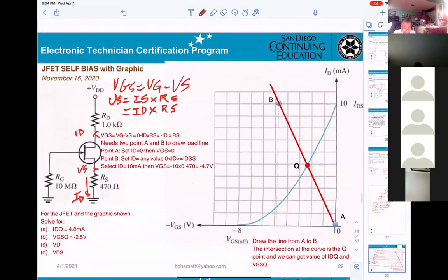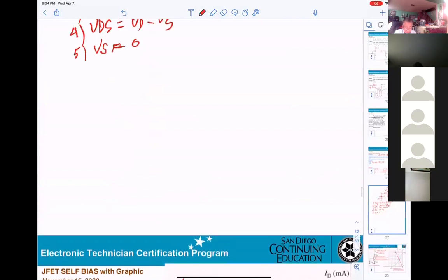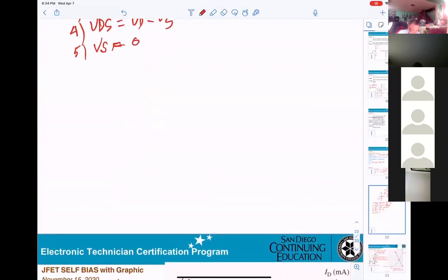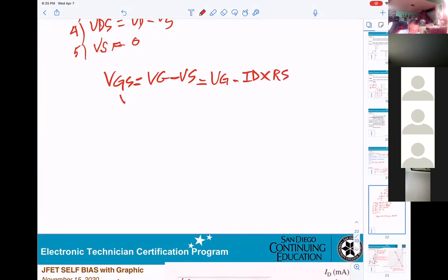So going back here, that's Ohm's law. Let's see, VGS equals VG minus VS, equals VG minus ID times RS.